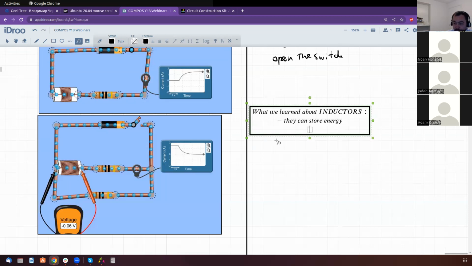They oppose the flow of a changing current. No, they oppose the change. They don't oppose the flow, they oppose the change. So if the current is increasing, it will try to decrease it.